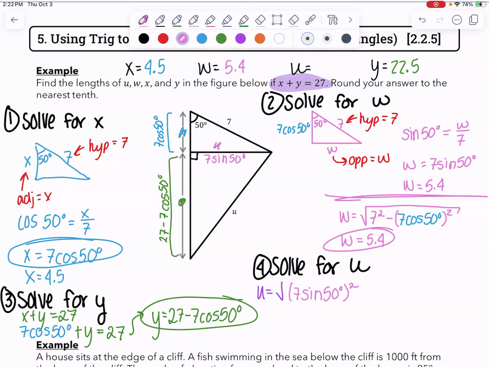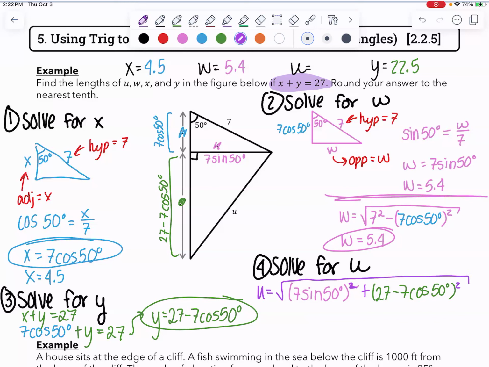So A squared, because that's that part of the triangle. And then I need to do the other leg of the triangle, squared, plus 27 minus 7 cosine 50 degrees, squared.